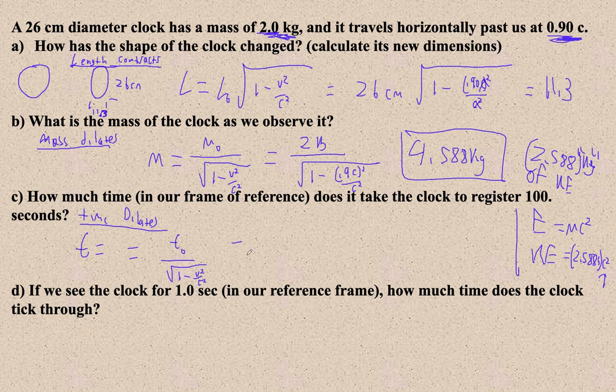That's 100 seconds divided by the square root of 1 minus 0.9c squared over c squared. So 100 divided by the square root of 1 minus 0.9 squared is 229 seconds.